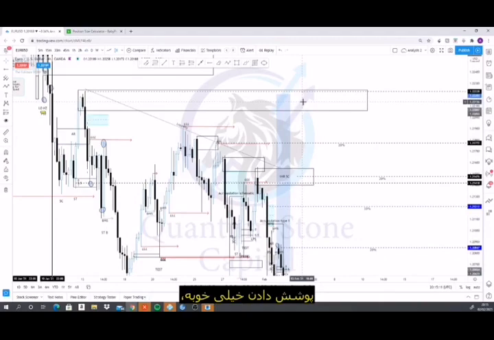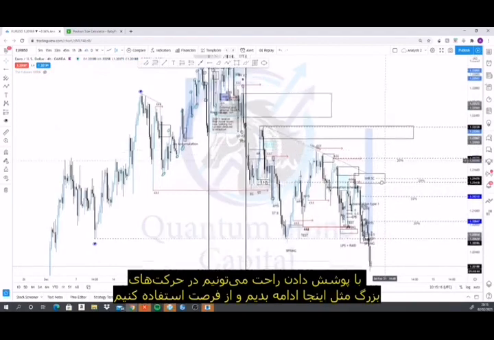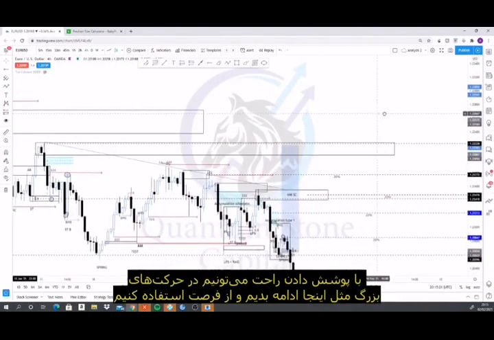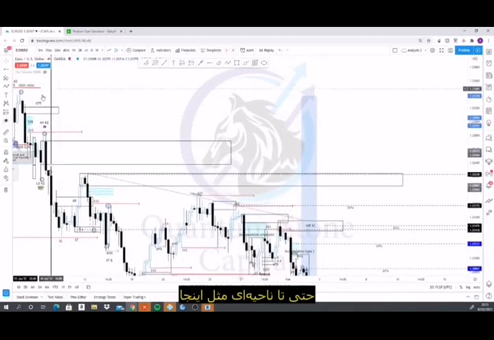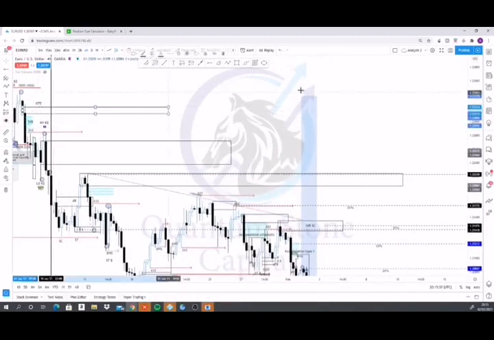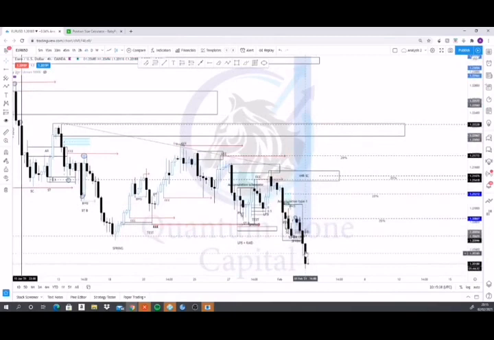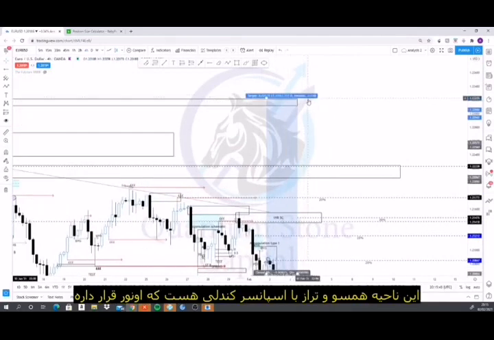Now, hedging is beautiful in the sense, if we still have this long running and ideally this is a reversal trade, we could capitalize on quite a huge amount of movement. So just scaling back, even this sort of area here, it's in line with that sponsor candle there.